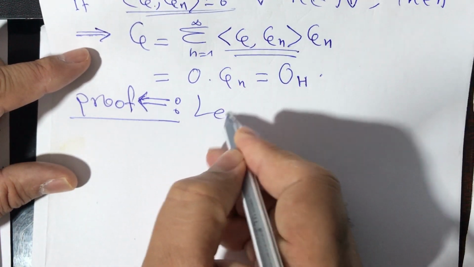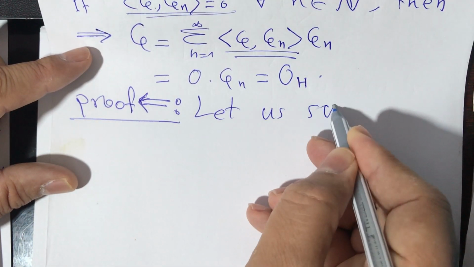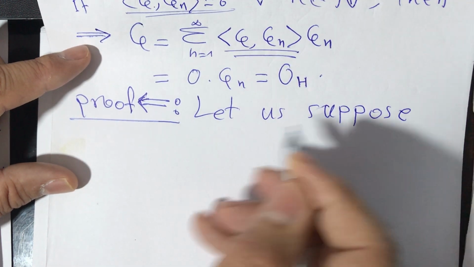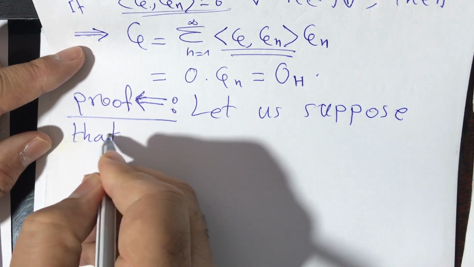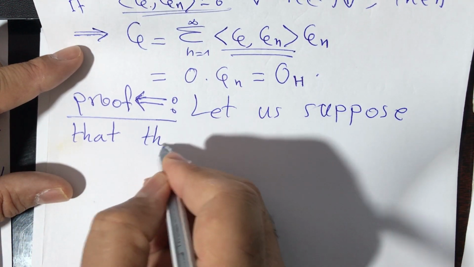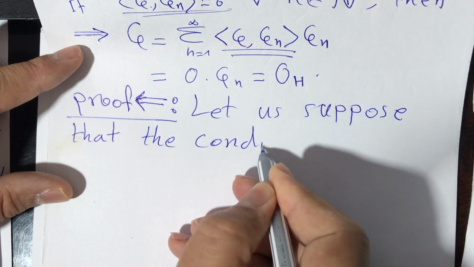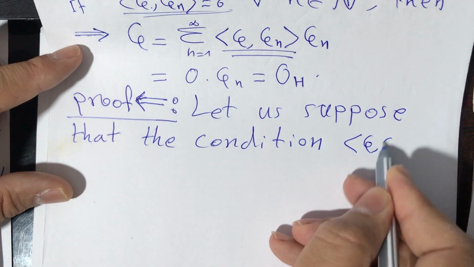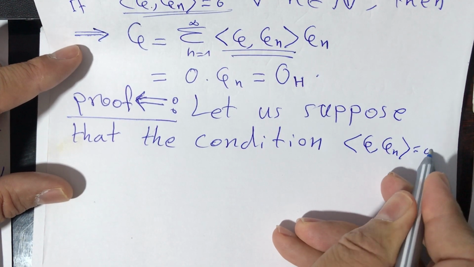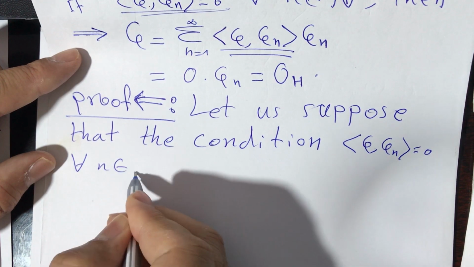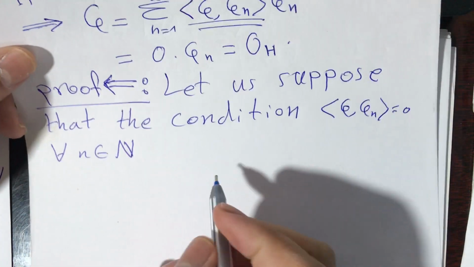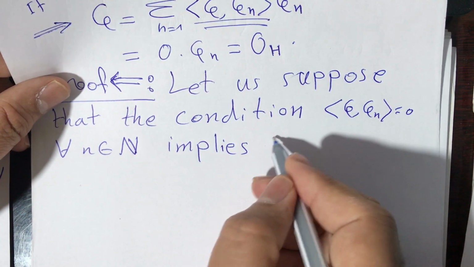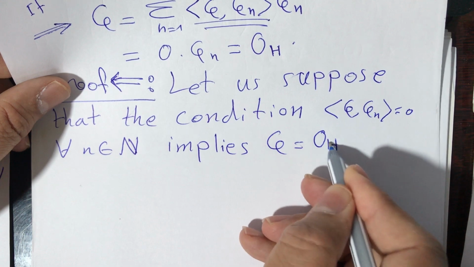Let us suppose that the condition holds: the inner product of phi and phi n equals 0 for all n belongs to the natural numbers implies phi is equal to 0 in H, for all phi.